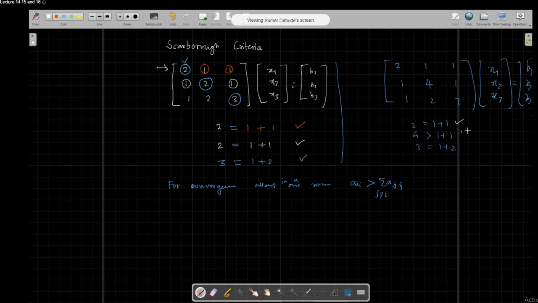All the conditions are satisfied along with the greater than condition.